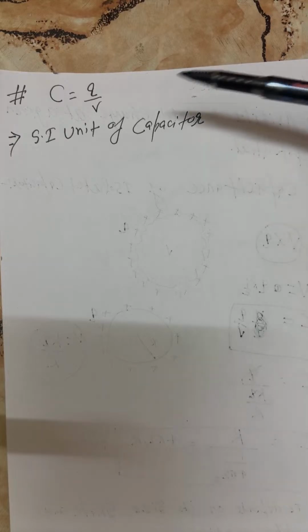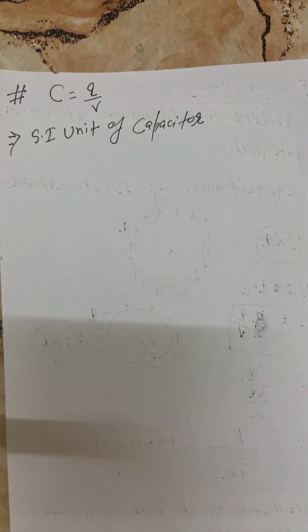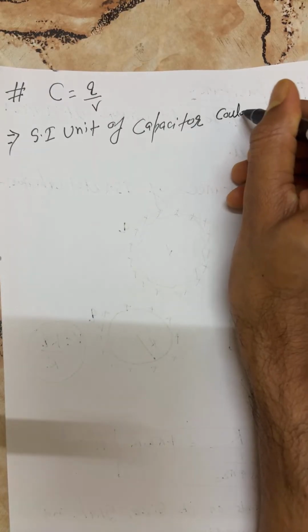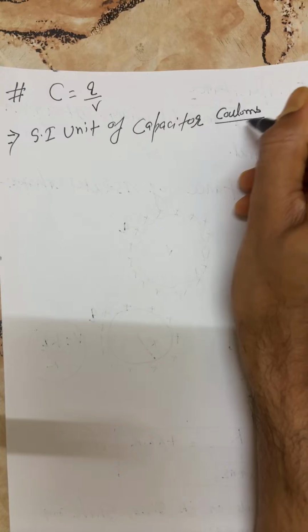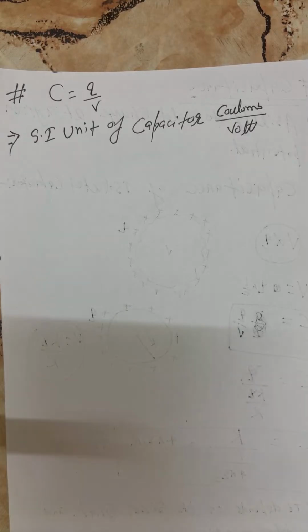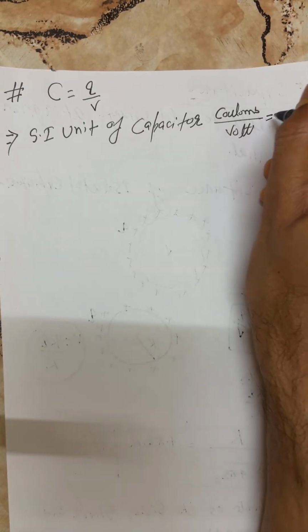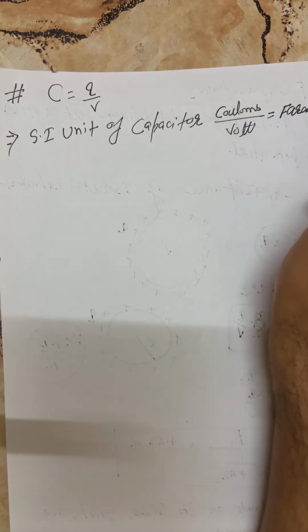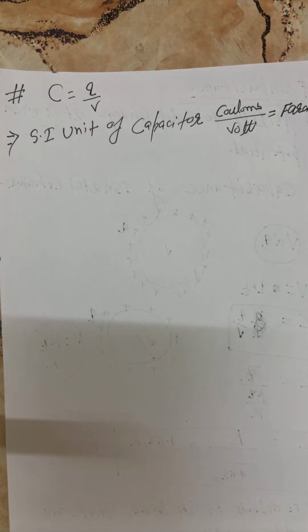What is the SI unit of charge? That is coulomb. Potential is what? Volt. So you can write coulomb per volt, which is known as farad. So remember the SI unit of capacitance is coulomb per volt, or farad.